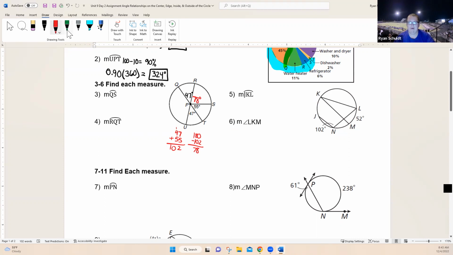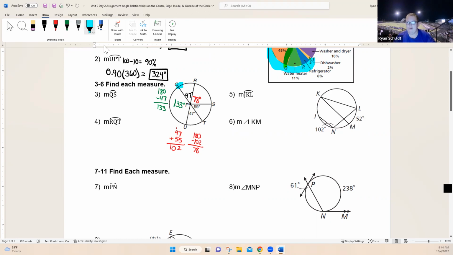Now to get the big angle, again, R to U is a half circle. 180 minus 47. See, it's 133. 133 degrees right there. Now we have all of our angles. Let's see what they ask us for.